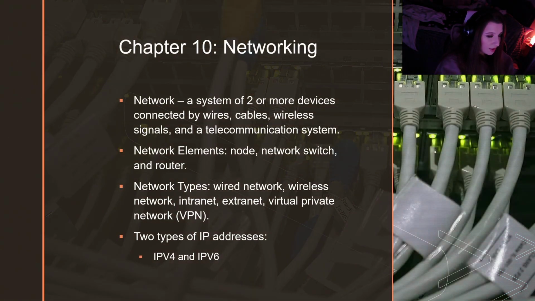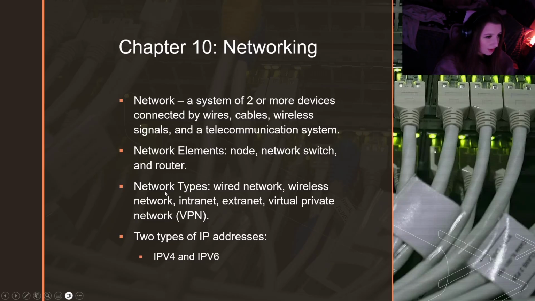Moving into chapter 10, this was about networking. A network is a system of two or more devices connected by wires, cables, wireless signals, and a telecommunication system. I learned about the network elements, which are the node, switch, and the router. The router is a device that connects two or more networks and directs information flow.